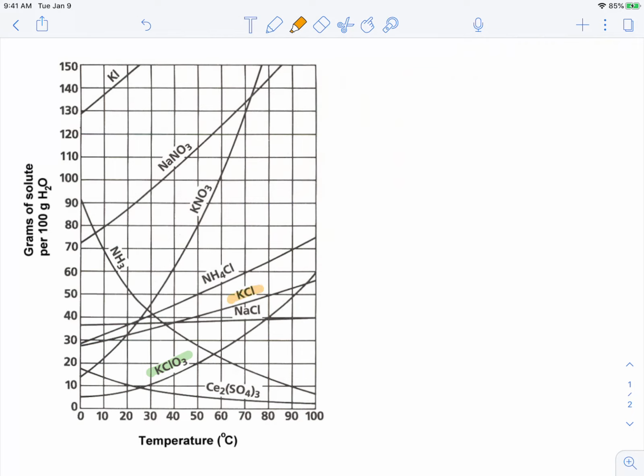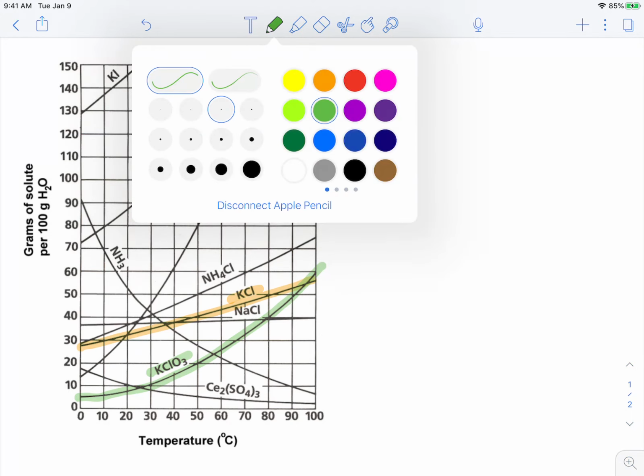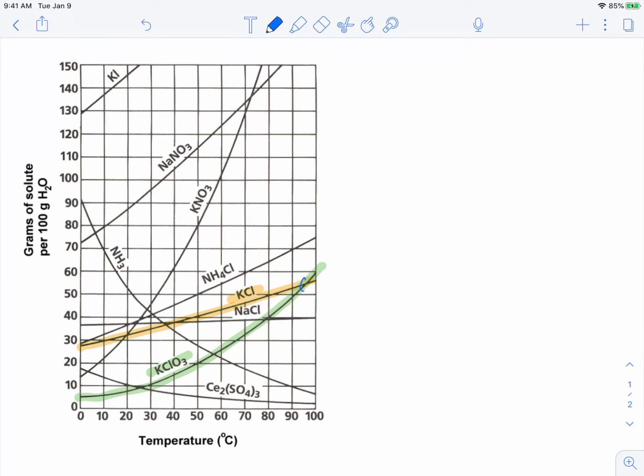So here's my line for KCl, and then for KClO3, here's my line. An interesting fact about these two is that around 95 degrees, they have about the same solubility, which is about 55 grams per 100 grams of water.